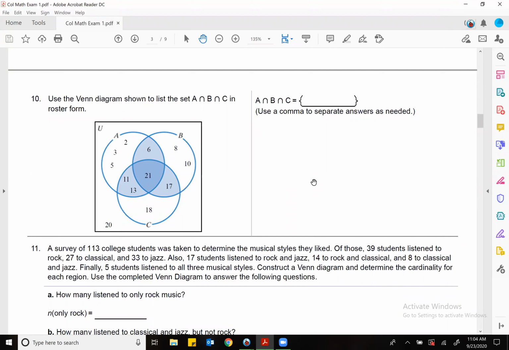Everything in A and B and C. That is not everything. This is not a union. This is an intersection. Everything they have in common. So what do all three of them have in common?